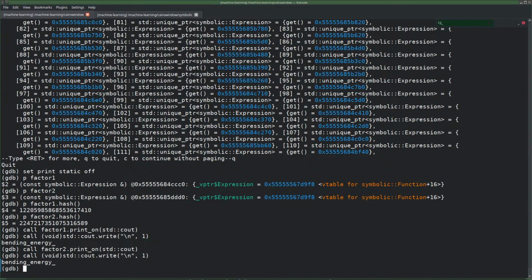Yeah, okay. I guess it's the bending energy of the one and the bending energy of the other one. But because the name is the same, it's treating them as the same thing. And I think I now understand why that happens.